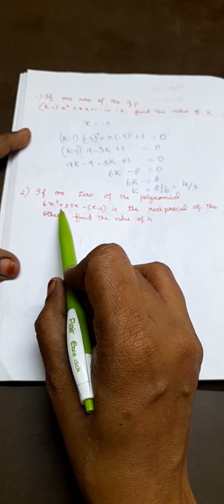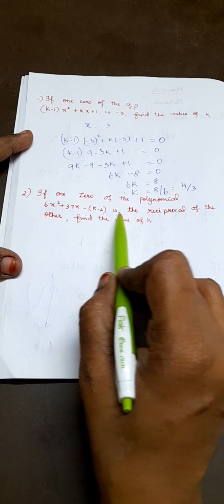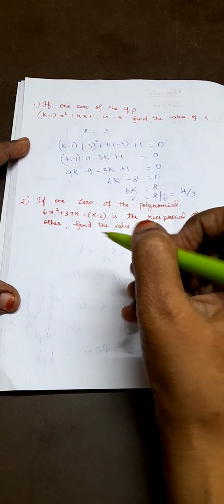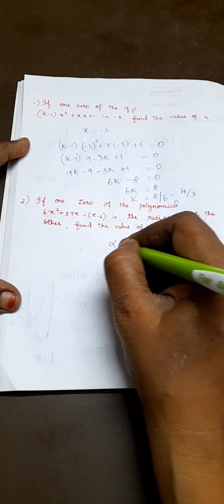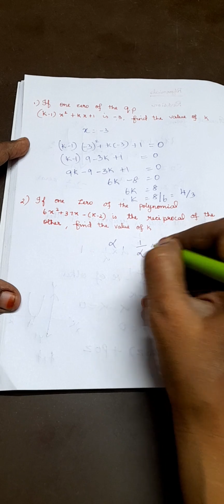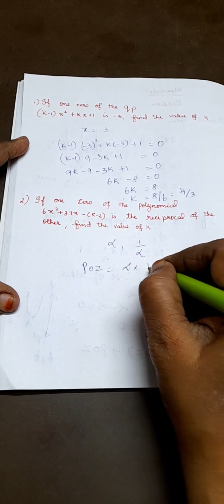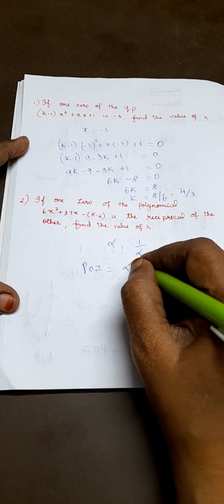The next problem says that if one zero of the polynomial 6x square plus 37x minus k minus 2 is reciprocal of the other, find the value of k. So here, already I told, reciprocal means you have to take alpha and 1 by alpha. So the product of zeros, alpha into 1 by alpha, will become 1, right?